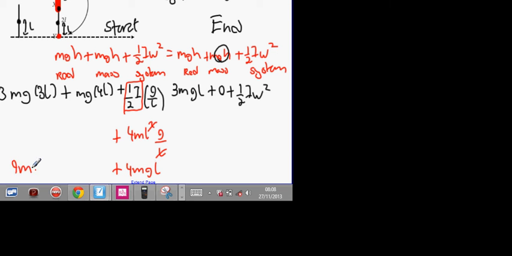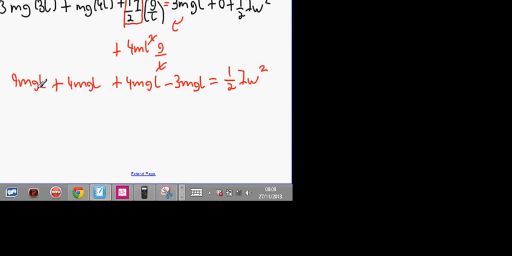This one here is 9mgl. This one here is another 4mgl. Bring the 3mgl back over to your side. And this all equals a half I omega squared. Now what happens here is 13, 17, it's 14 mgl, which equals a half I omega squared.